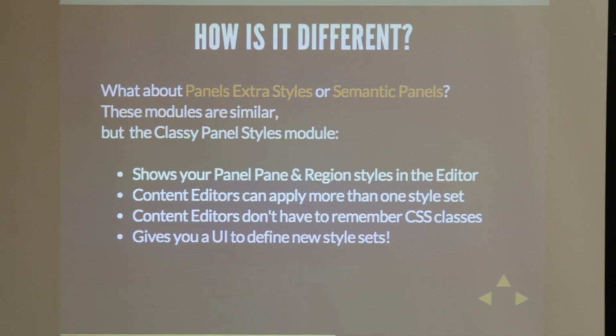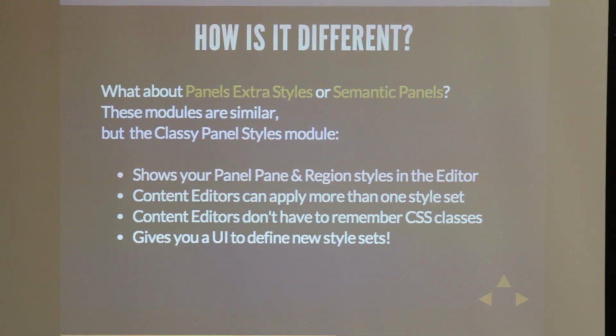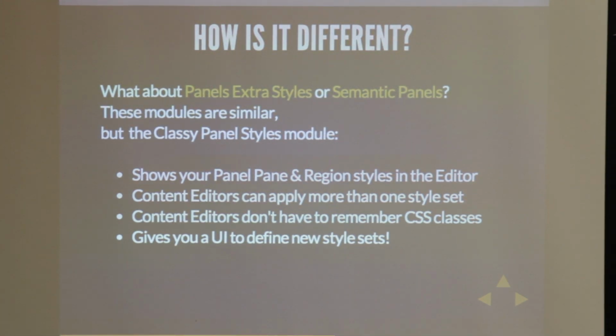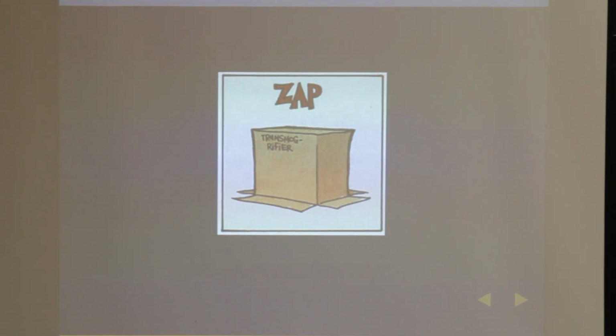You had to write a settings form, they had to write a CTools plugin, and do all this stuff just to create a new style to make it available on the panels. So with Classic Panel Styles, we've done that for you, and you get to define all your configuration options through a GUI, and it's all featurizable.